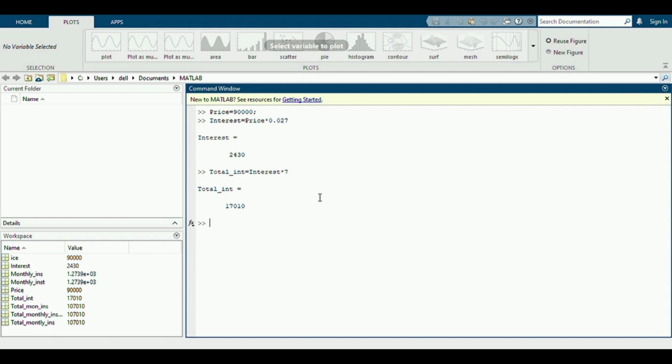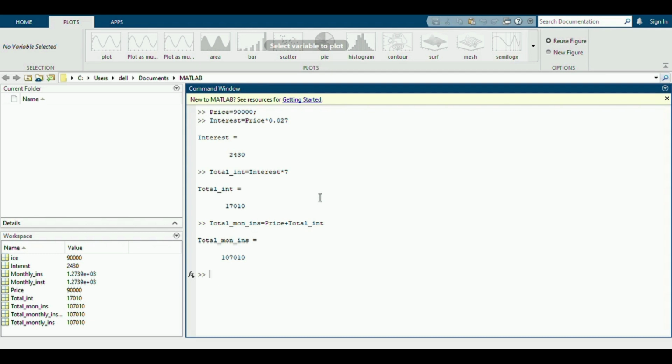After that, we will calculate the total payment for the monthly installment for 7 years, which is equal to price plus the total interest, and then we will get 107,010 ringgit Malaysia.